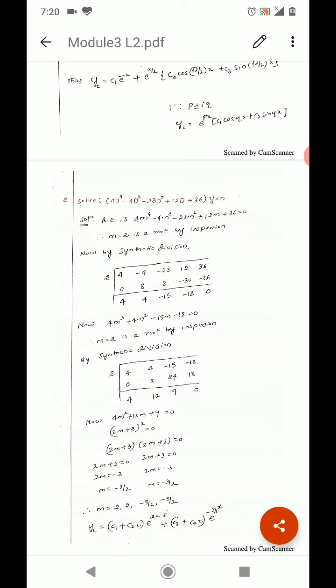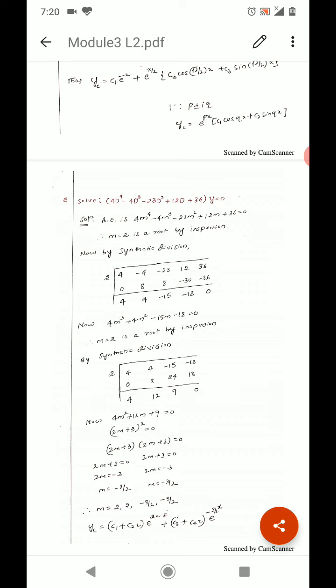Neglecting 0, we take minus 18 as the constant term, minus 15 as the coefficient of m, 4 as the coefficient of m square, and 4 as the coefficient of m cube. The equation becomes 4m cube plus 4m square minus 15m minus 18 equal to 0.